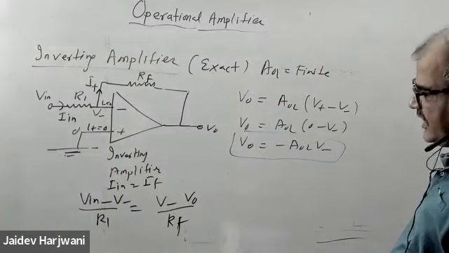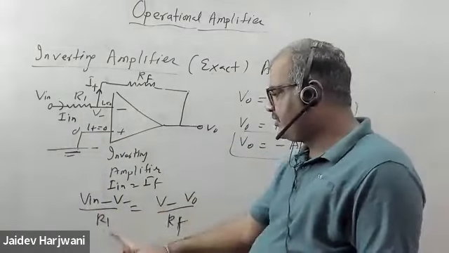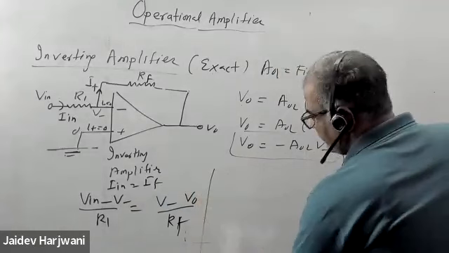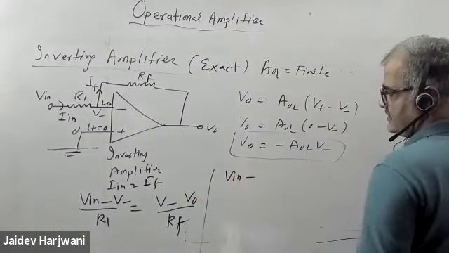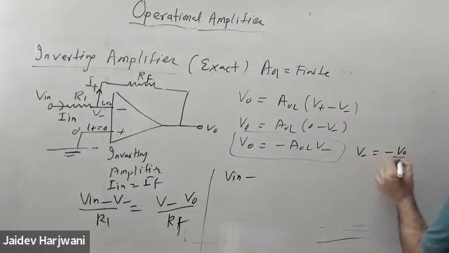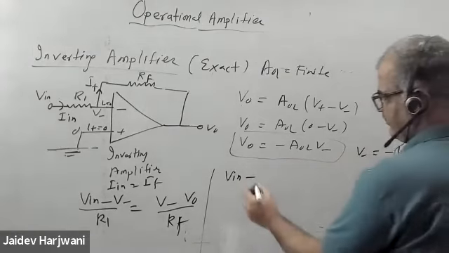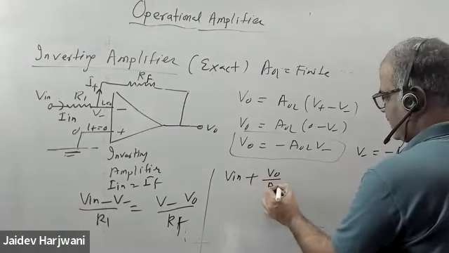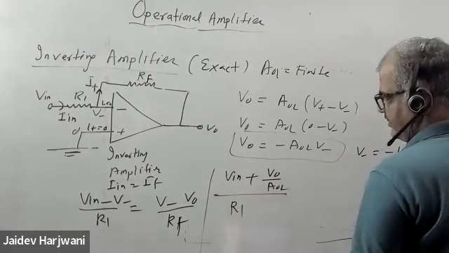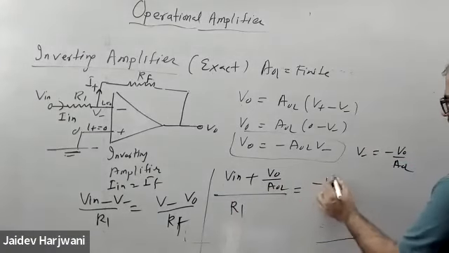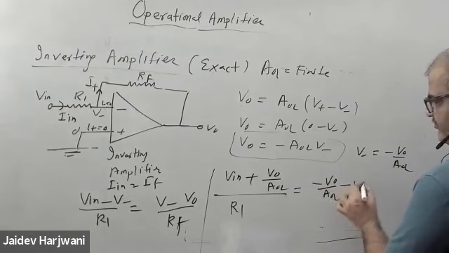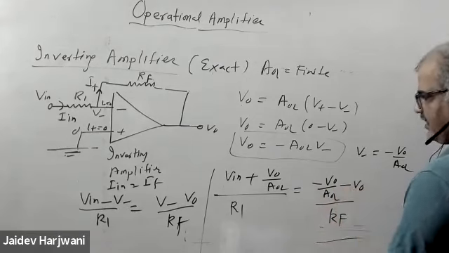For gain I need the equation only in terms of V0 and V input, so I can put the V minus value from here. V minus is minus V0 upon AOL, so this minus becomes plus V0 upon AOL. So (V input plus V0 upon AOL) upon R1 is equal to (minus V0 upon AOL minus V0) upon RF.